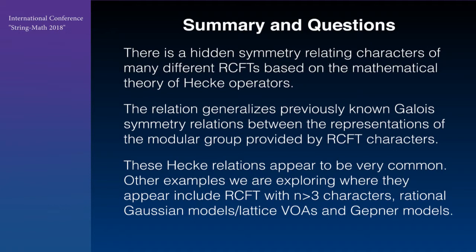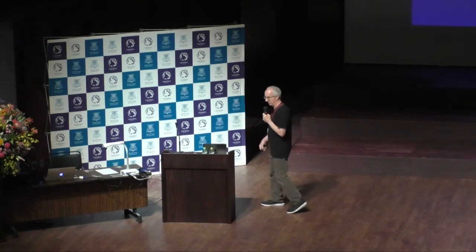In addition to the examples that I mentioned with 2 or 3 independent characters, we've been exploring this for more than 3 characters, rational Gaussian models, lattice VOAs, and Gepner models, and in every case we find these Hecke images between many different characters. So it's a very general phenomenon that has been missed because it's a little bit hard to see.